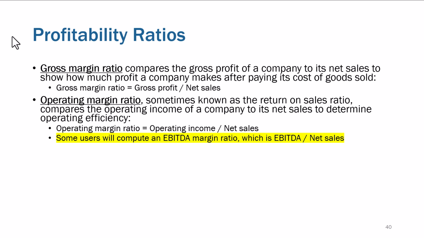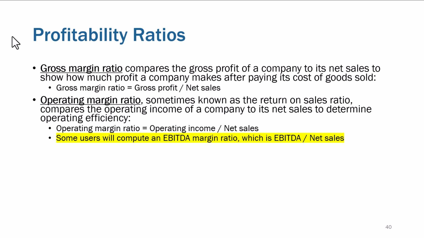The operating margin ratio, sometimes it's called return on sales, compares the operating income of the company to net sales to determine operating efficiency. You can see the formula is operating income divided by net sales. It takes gross margin, but it also puts in selling expenses, general expenses, administrative expenses.